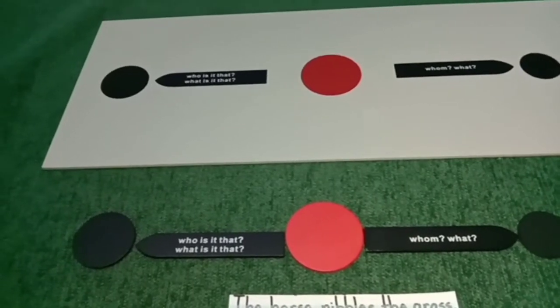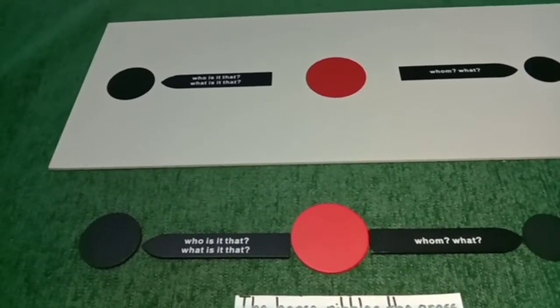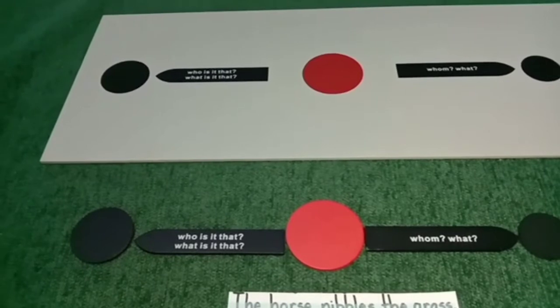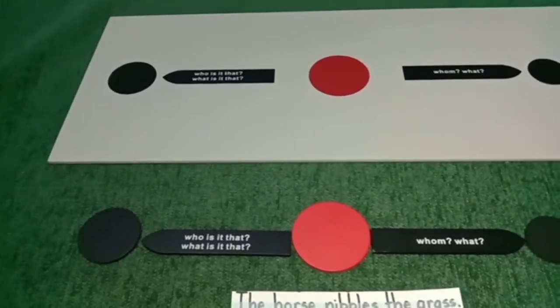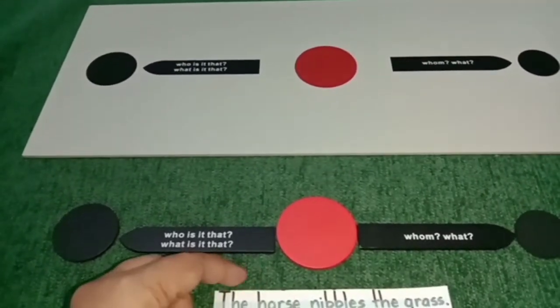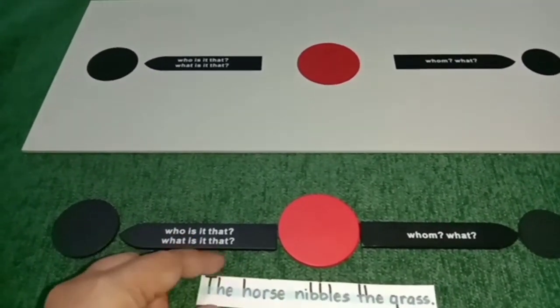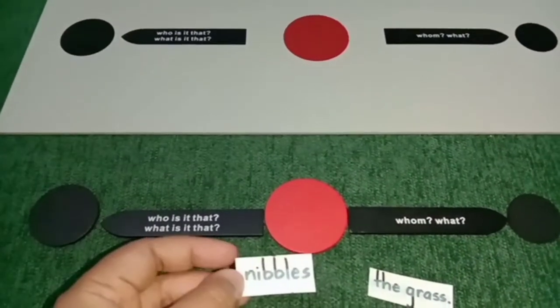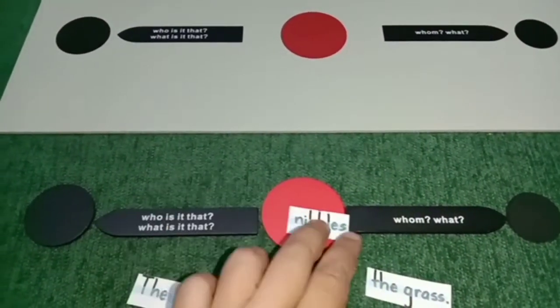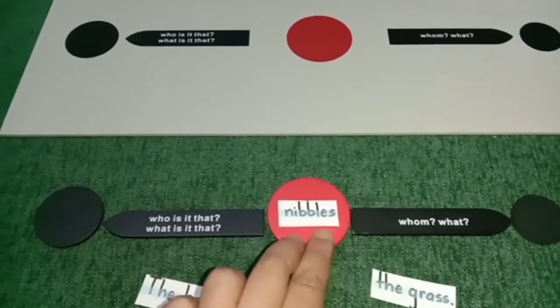Which one is the action word? Yes, correct. Nibbles. So I'm going to cut out nibbles first. So I'm done cutting out nibbles. I'm going to put here on top of the big red circle here.